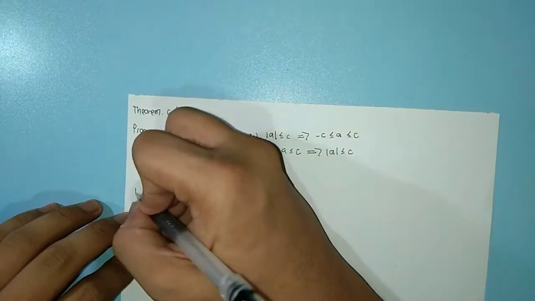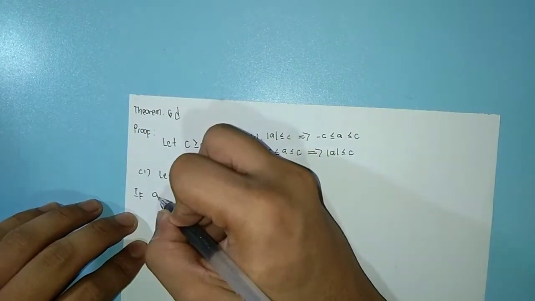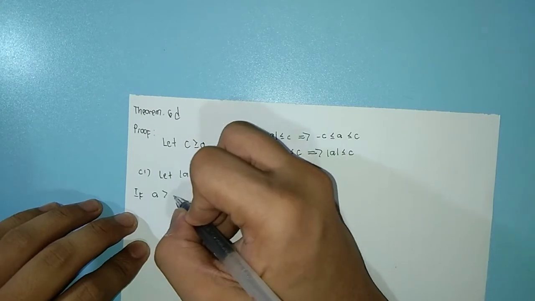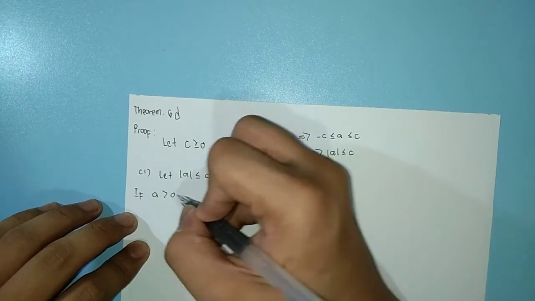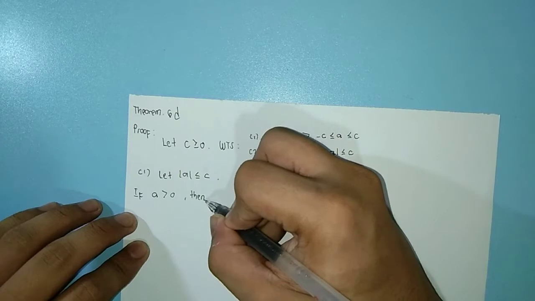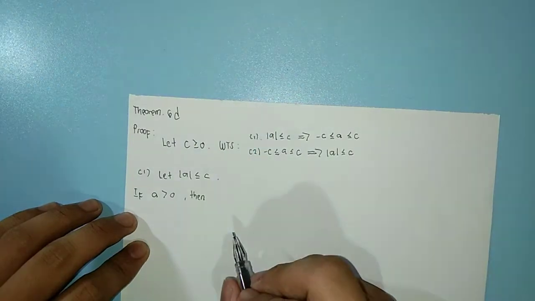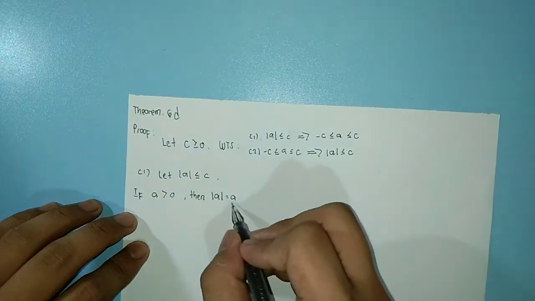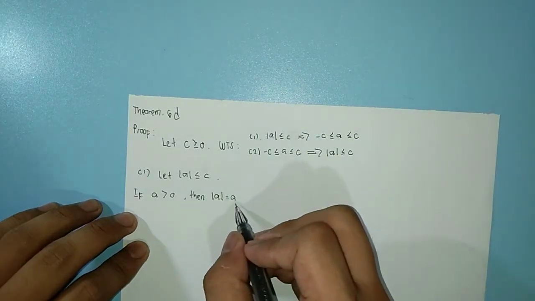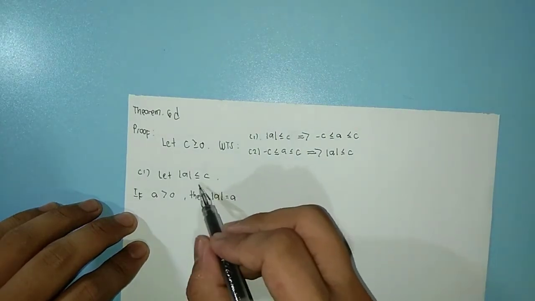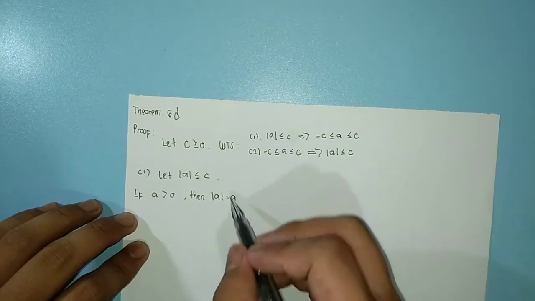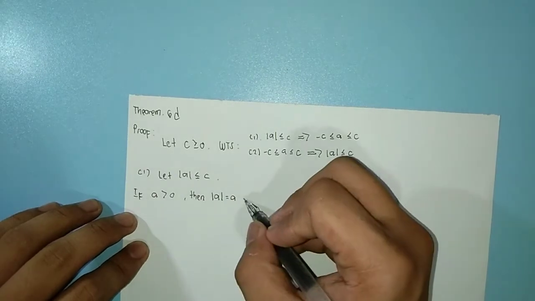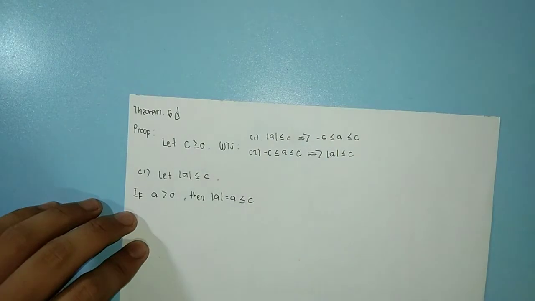Now, if a is greater than 0, then by definition of absolute value, yung absolute value ng a natin will be equal lang sa a. And yung absolute value ng a, that is less than or equal to c. So, ibig sabihin, itong a na to less than or equal sa c.